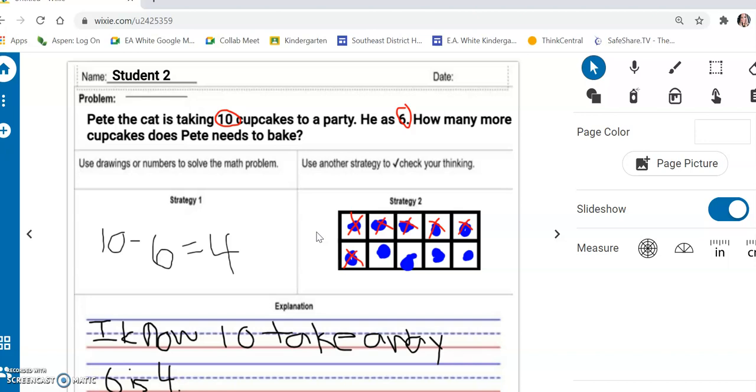But since I am digitally presenting this, I showed it to you this way on the Wixie screen. This student placed 10 counters in their 10 frame. That's how many cupcakes that they needed. And they took away the 6 that they already have, which left them with 4. Their explanation states, I know 10 take away 6 is 4. Both students reached the same answer in multiple ways.